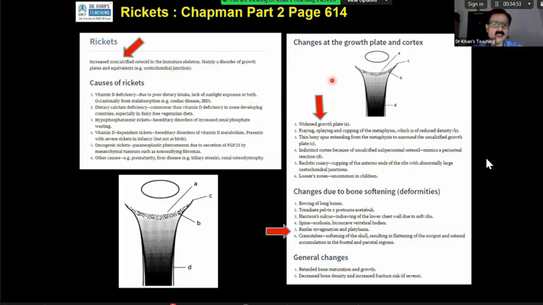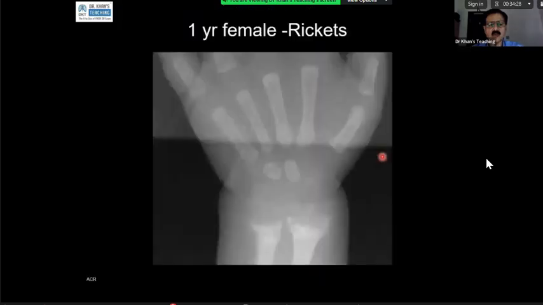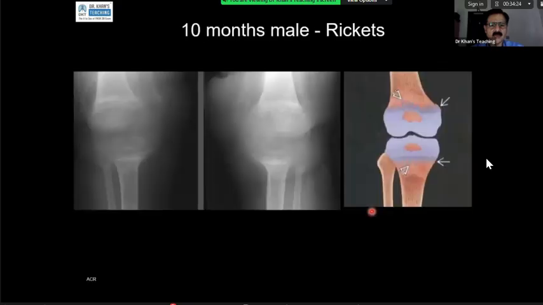And coming back to this, there are changes due to bone softening, and basilar invagination particularly is an exam case which you should know. I do show you films about it, but that is in the congenital one. So this is a bit of theory. Another example here where there is cupping.